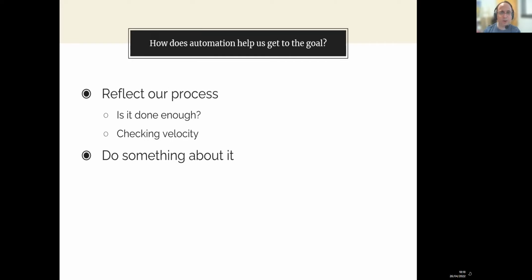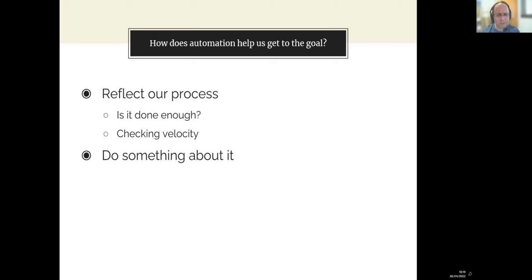Basically, if you're spending too much time on the tools themselves, and you know this from, for example, fixing automated tests, if the tests are breaking all the time, our process doesn't fit where we want to go, although we have automation. So we can check whether our process is working, and is the automation really reflecting the way we want to work. We can check whether things are working, done to our way of thinking.